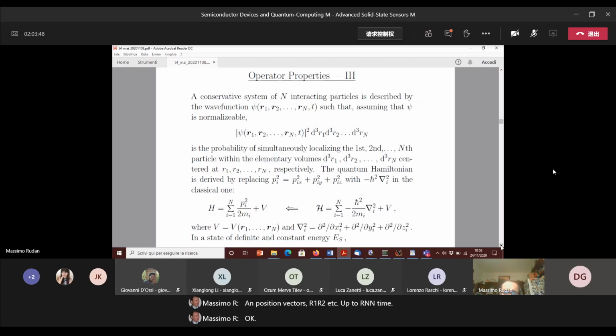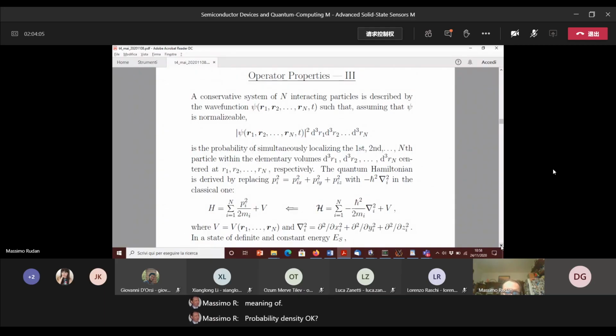We assume again that the wave function is normalizable. So this more complicated wave function will still have the meaning of probability density.